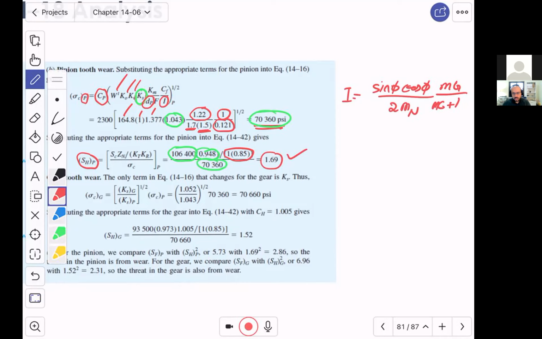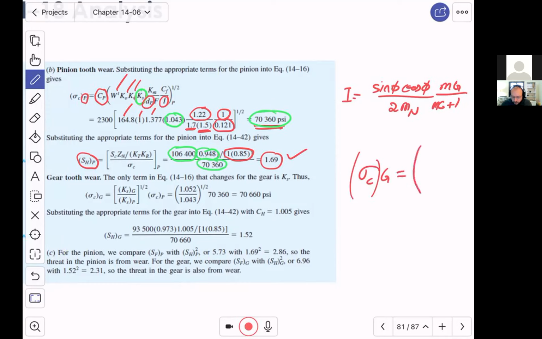Now, in the book, what is it saying? It says here that if you want to find sigma C for the gear, since the only difference is KS, then basically you take KS for the gear, divide by KS for the pinion, raise this to the power half, and multiply this by sigma C for the pinion.